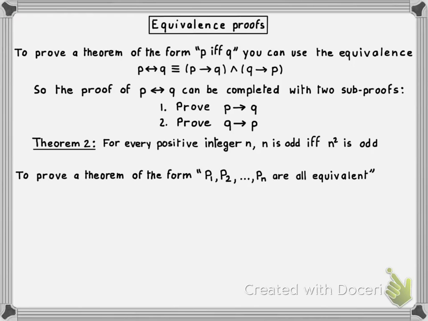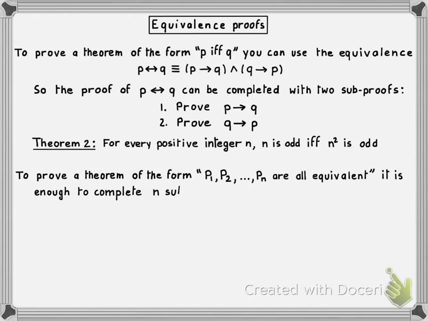In other words, it's really stating n minus 1 equivalences. So one way to prove such a theorem is to take these n minus 1 equivalences and to prove each of them as two conditionals. So in conclusion, if you follow this approach, you would end up proving 2 times n minus 1 conditionals. Well, that's all right, but actually there's a much more efficient way of proving such theorems, and here is the trick.